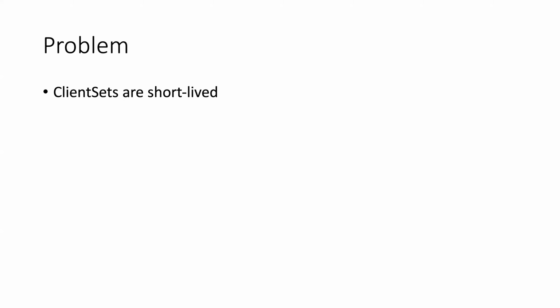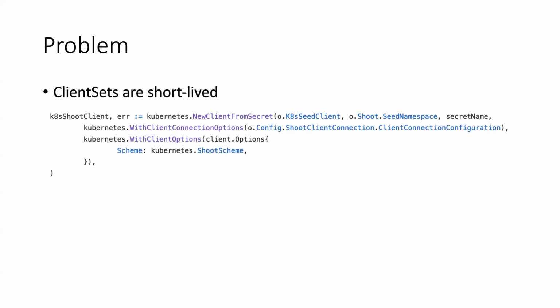The problem with implementing this was that the client sets that we construct are very short-lived in Gardener, or have been short-lived before my PR. That means for every reconciliation of a seed or a shoot, we basically construct new client sets.